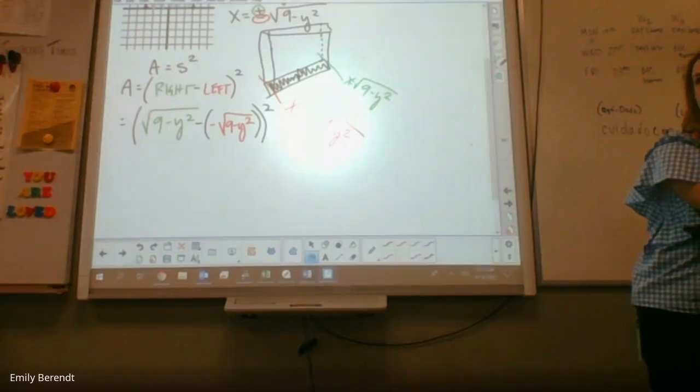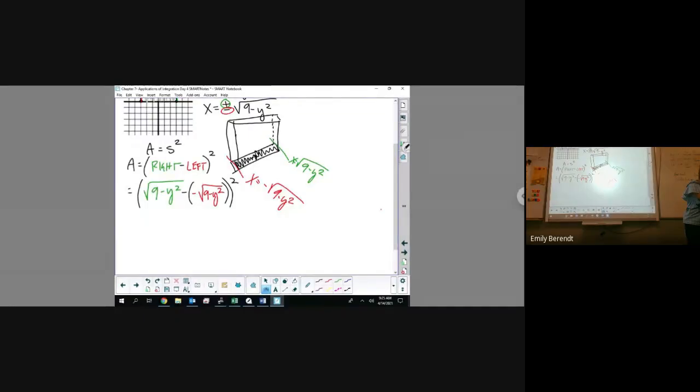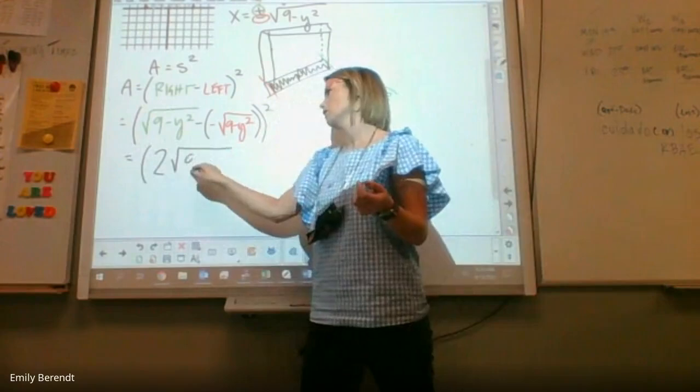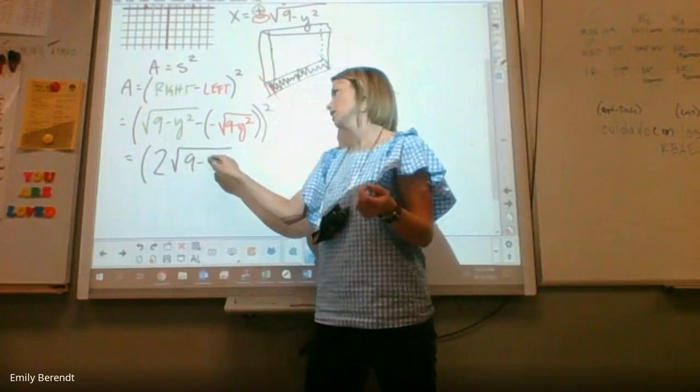All right, so let's clean it up. The minus the negative really becomes a positive. So how many of those quantities do we have? 2. So we have 2 times the square root of 9 minus y, quantity squared.